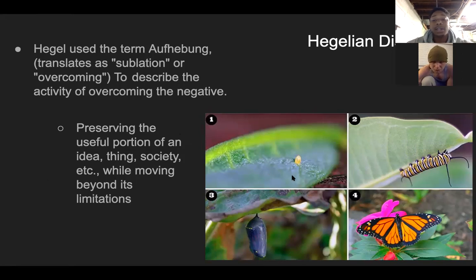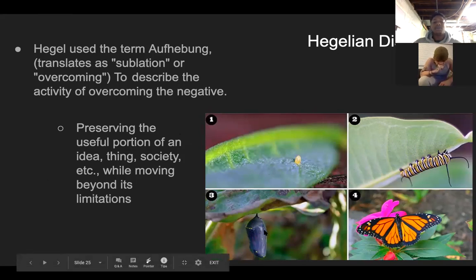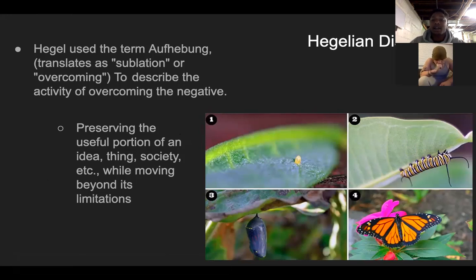And I thought the best way to describe that would be a butterfly, because it keeps the important parts of itself while shedding its cocoon, and turning into a butterfly and moving beyond its limitations of, oh, I can't fly, I can't be in the air. It moves beyond its limitations by growing wings.